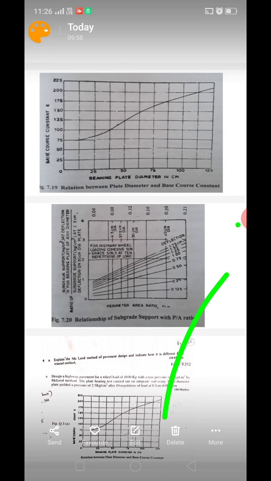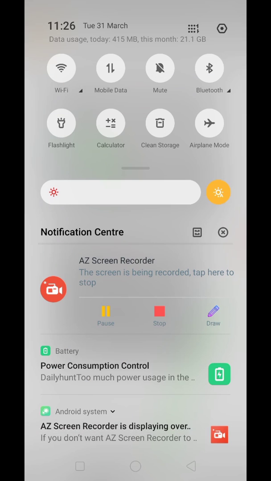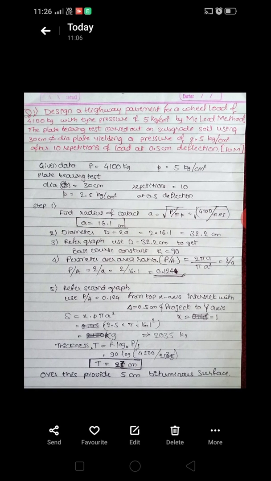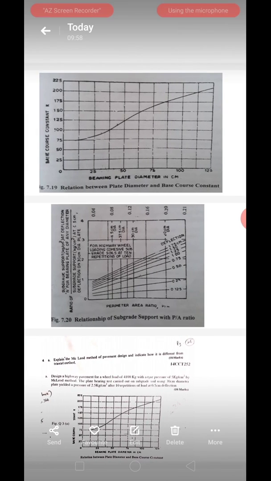So for 32.2, here we are getting K value as 90, and perimeter to area ratio P by A is equal to 2 by a, that is nothing but 0.124 value we are getting. For 0.5 centimeter deflection and 10 repetitions, we can calculate X from the second graph.